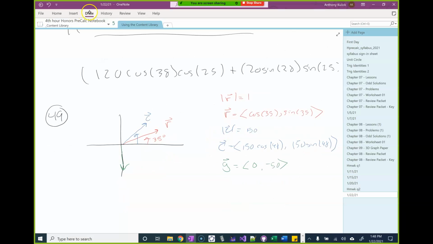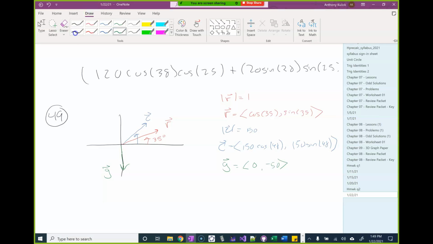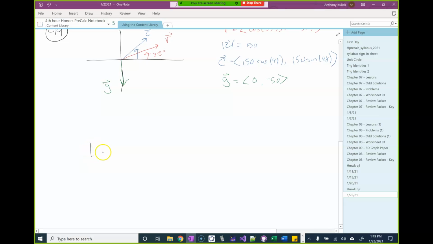What we want to do here, because this is a little bit different, my suspicion is that we're going to want to project onto the ramp vector R. That's my suspicion.